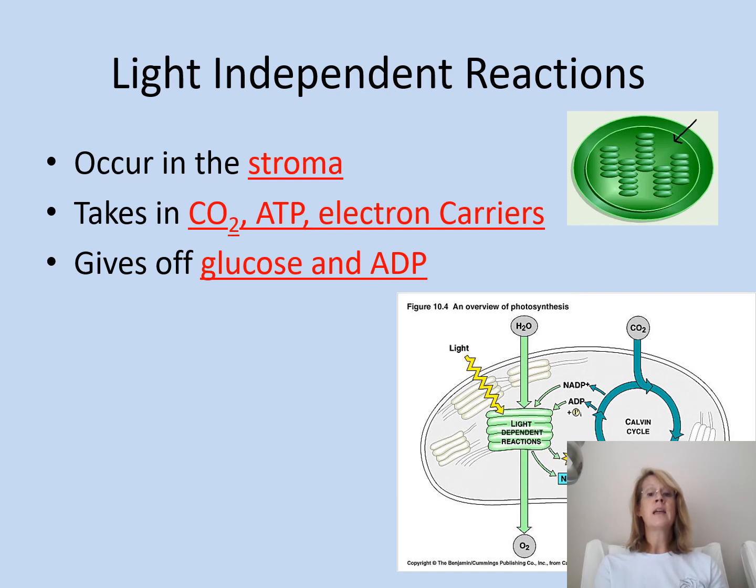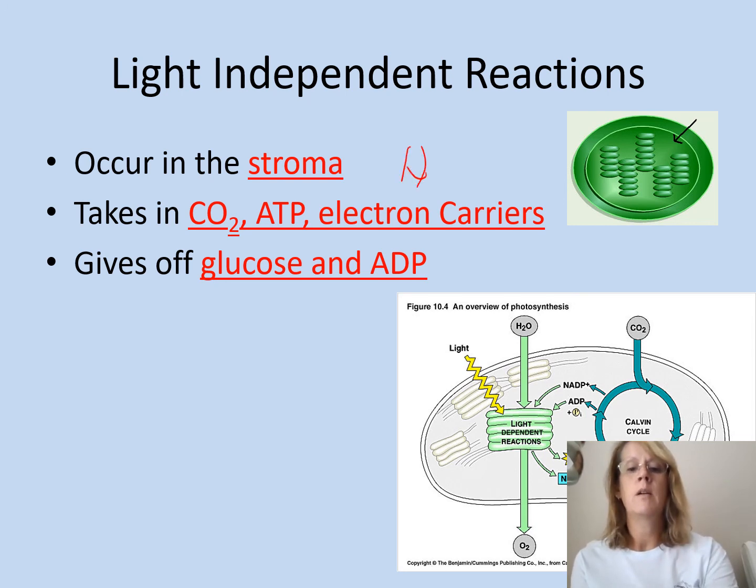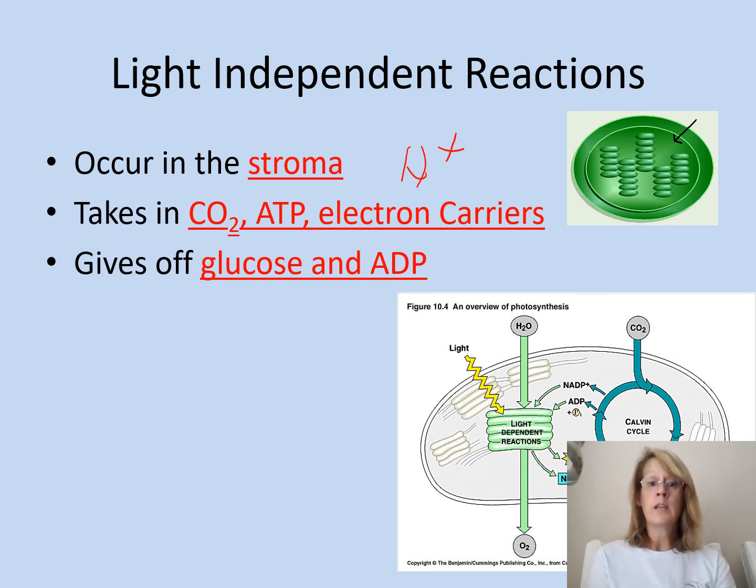Now, the light-independent reactions occur in the stroma, and they take the carbon dioxide from our formula, the ATP that we just made, and the electron carriers, which, if you remember, are carrying the hydrogen. And I have my 3 ingredients.